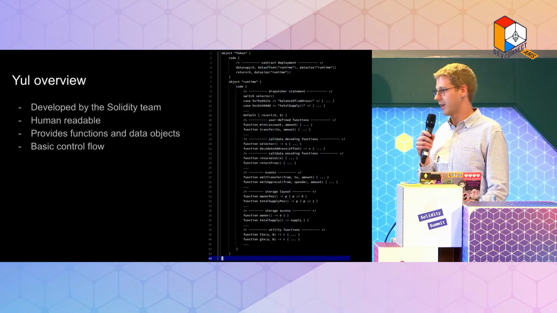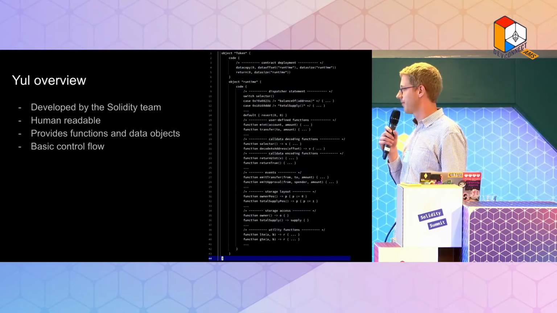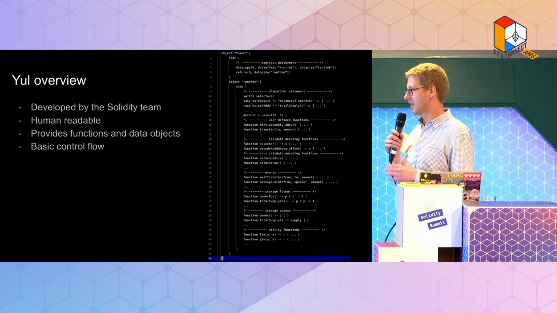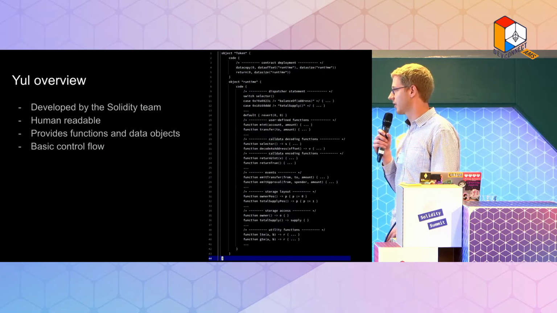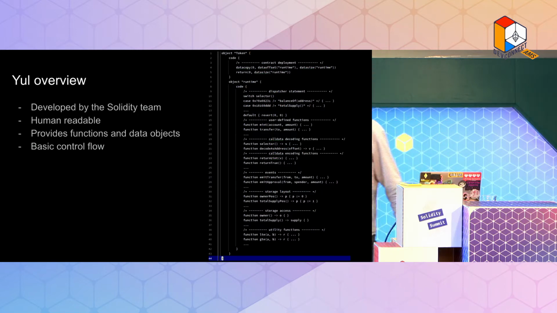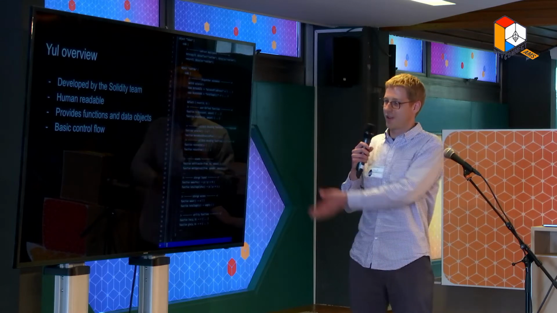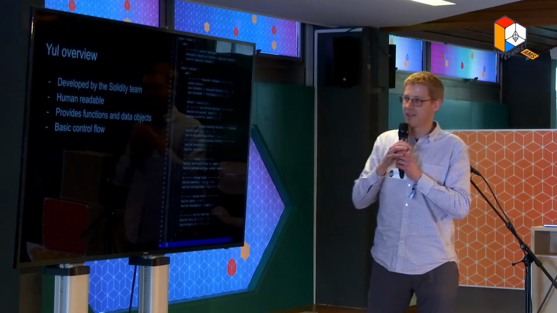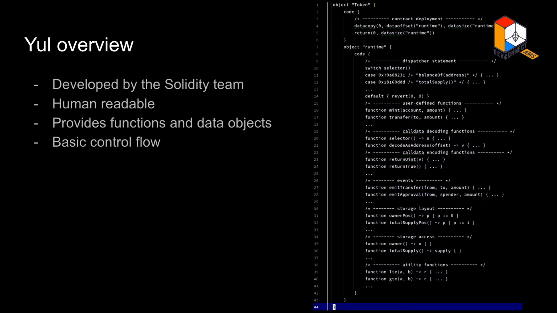This is a lower-level language. You can write smart contracts in it. It's not as featured as a high-level language, but you can still do everything in it, and it retains a readable property. Humans can just read this. I added in the token contract that they have in their documentation.